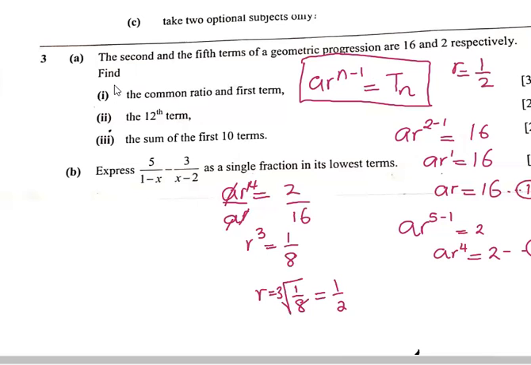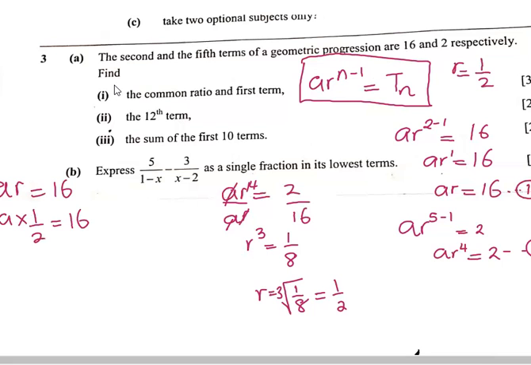Okay. So now what we are going to do to find the value of A, because the common ratio is R, the first term is A. We are going to say the first one. This was our first equation, isn't it? So now where there is R here, I'm going to put 1 over 2, is equal to 16. Okay?